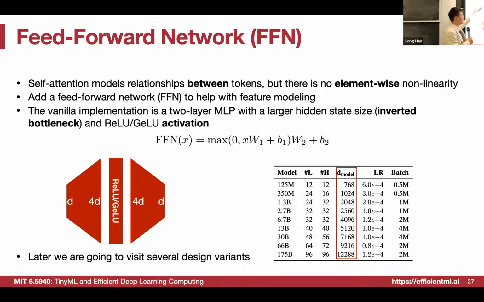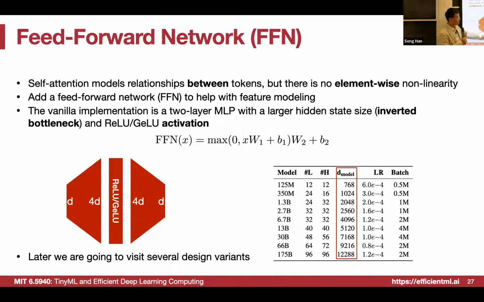The vanilla implementation is actually quite simple, just a 2-layer multi-layer perceptron. We introduced it earlier with a much larger hidden state size, so we call it an inverted bottleneck. We have D here, the number of hidden dimensions, that can range from 1K to 12K. Like in the popular 7 billion parameter model, we have a 4K hidden dimension.